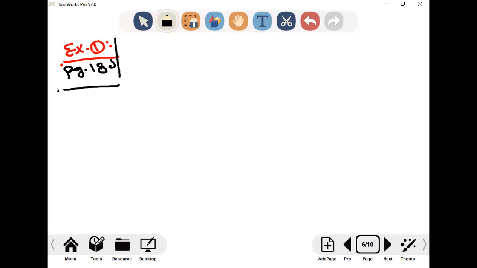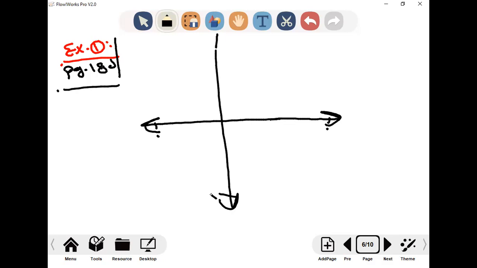Okay, the second one. I'll draw the second one. It looks something like this, right? They don't draw the line of symmetry. How do we know the line of symmetry? By using our eyes.